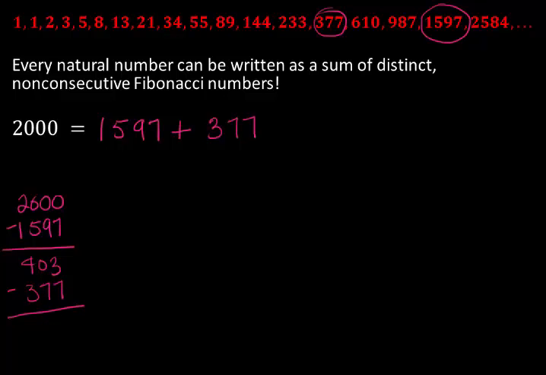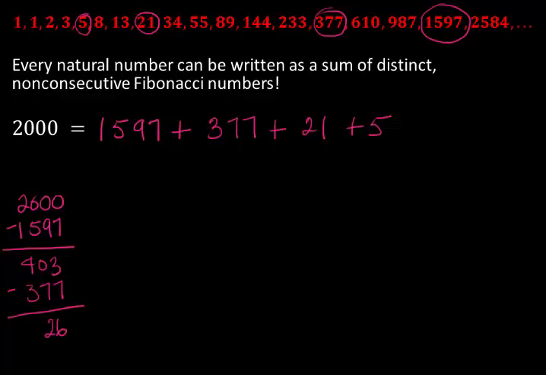Subtracting 377, again, just use your calculator, we have 26. Well, the biggest Fibonacci in 26 is 21. And that leaves 5, which is a Fibonacci, so I'll just write it. So notice we had 1,597, 377, 21, and 5.